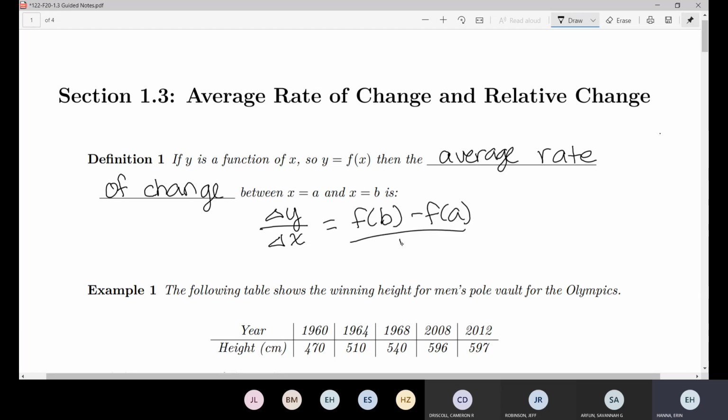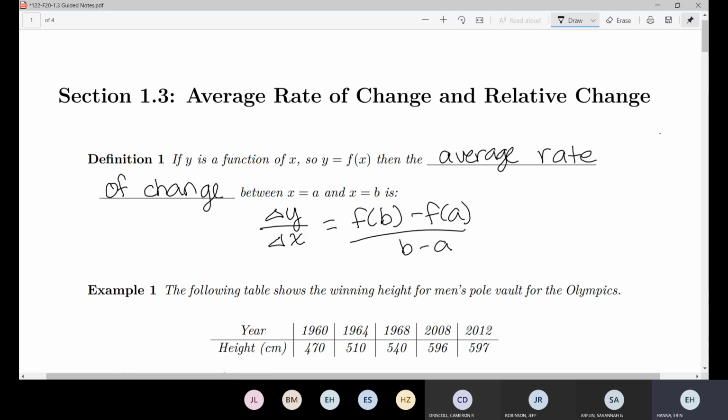That probably looks pretty familiar. It looks exactly like slope, because it technically is. The reason it's a different name is because it's used in a different context. When we talk about the slope, we can only talk about slope when we're talking about a straight line.